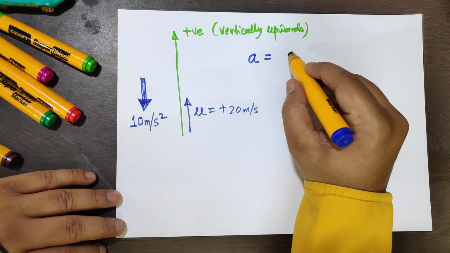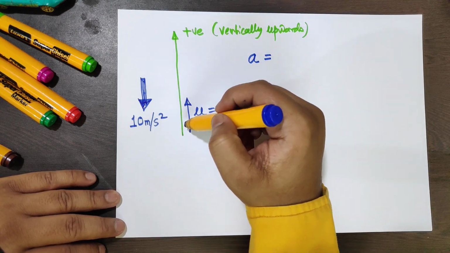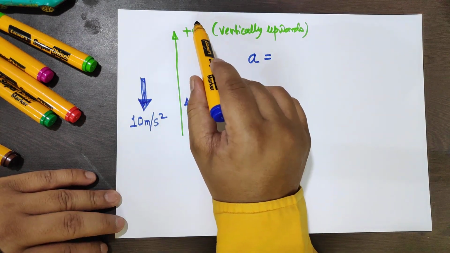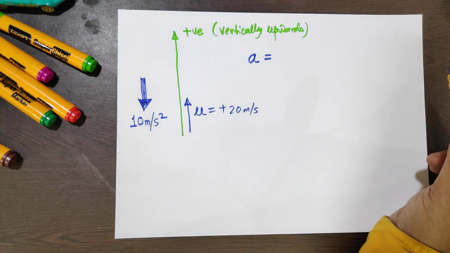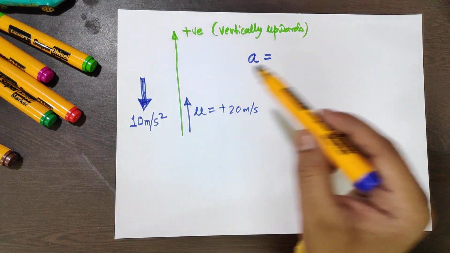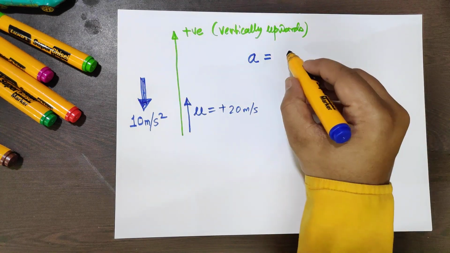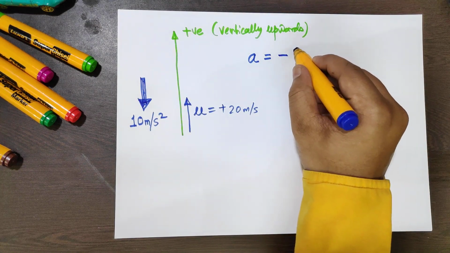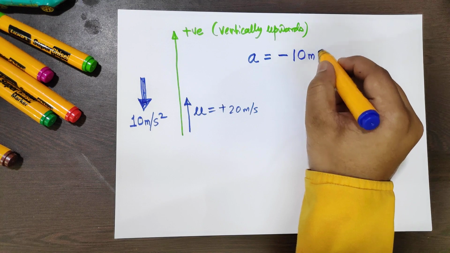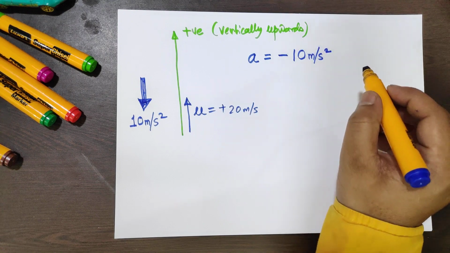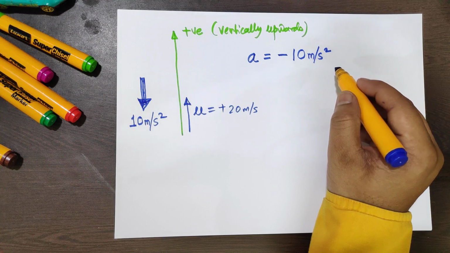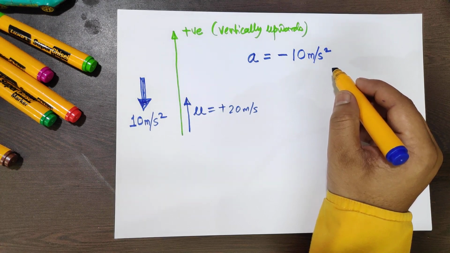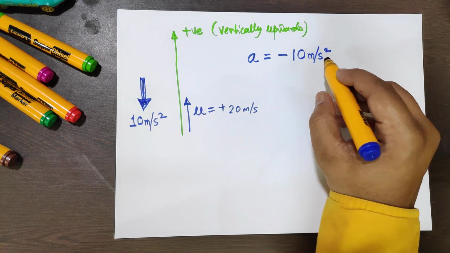Now how much is a then? As my chosen direction is positive upward and the acceleration is 10 meter per second square downwards, so it's minus 10 meter per second square. Okay, so we have to find velocity after 2 seconds.